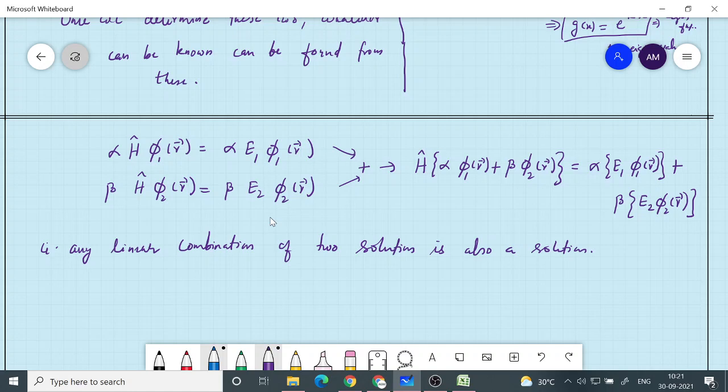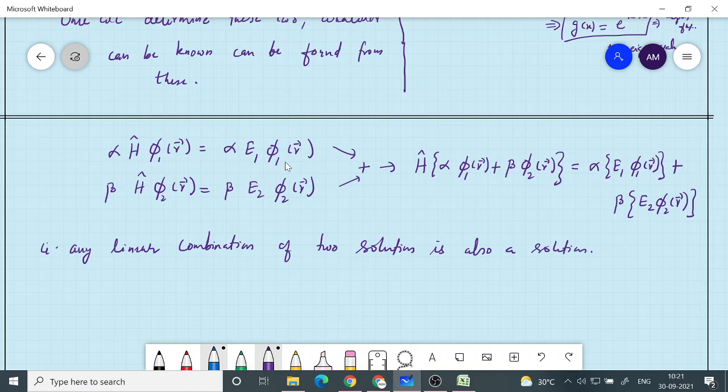Now physically, what does that mean? If you have energy corresponding to the first solution as E1, so the electron is sitting in the state given by phi 1, where phi 1 is the position part of the wave function.